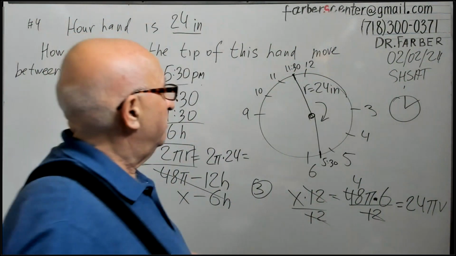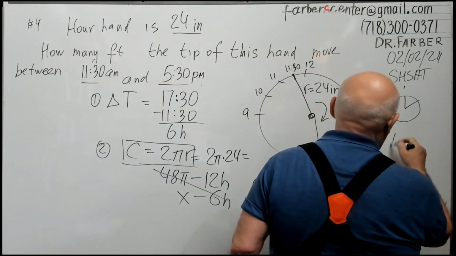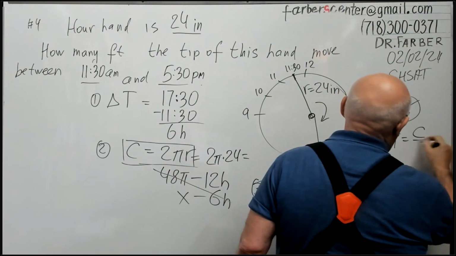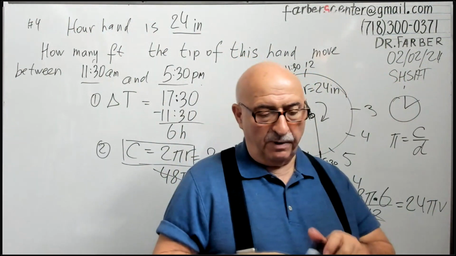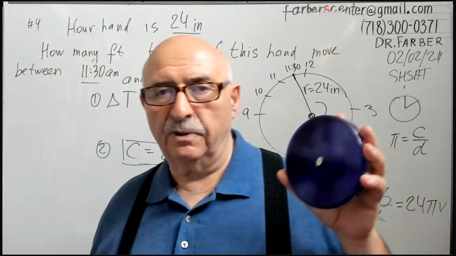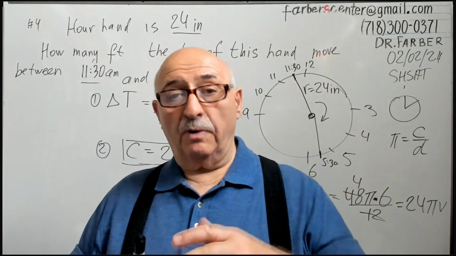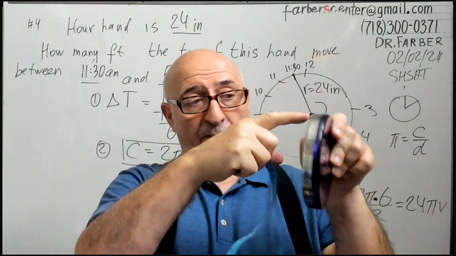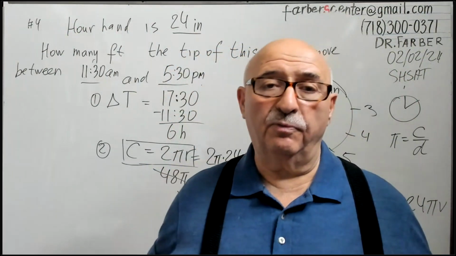And pi is a ratio. Pi is circumference divided by diameter. Let's say, pretend for simplicity, I measure 31.4, and this is 10. When you divide, you get about 3.14.